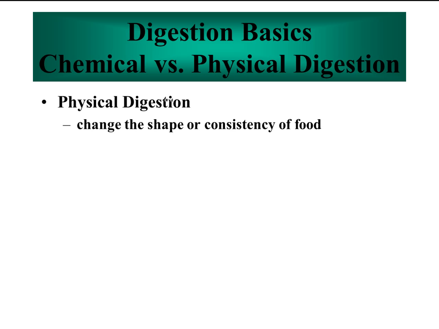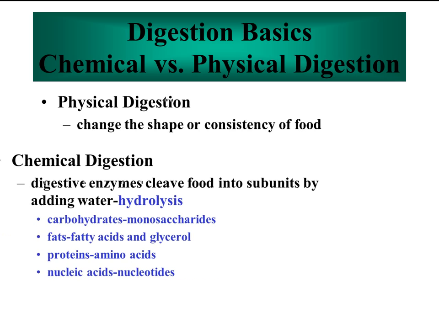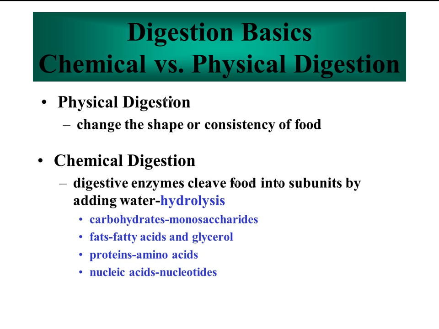Digestion basics. You have chemical versus physical digestion. The physical digestion changes the shape and consistency of the food. With your teeth, it helps to rip and tear apart the food to start the breakdown of the larger particles into smaller ones. Then you have chemical digestion.